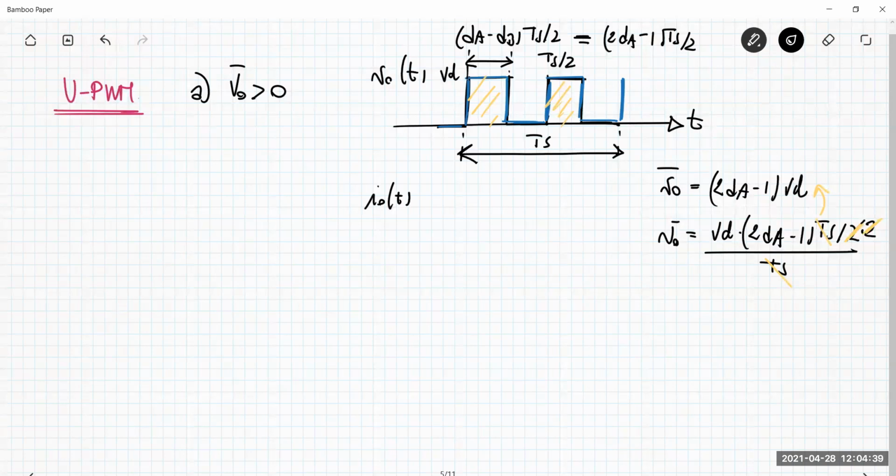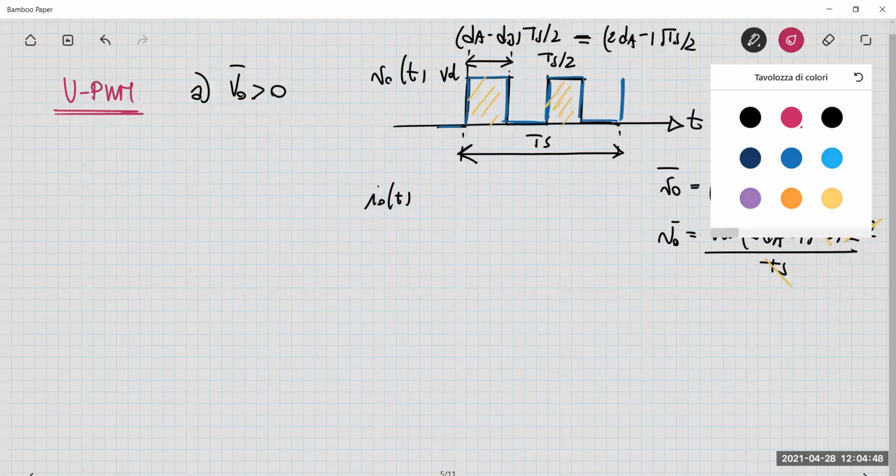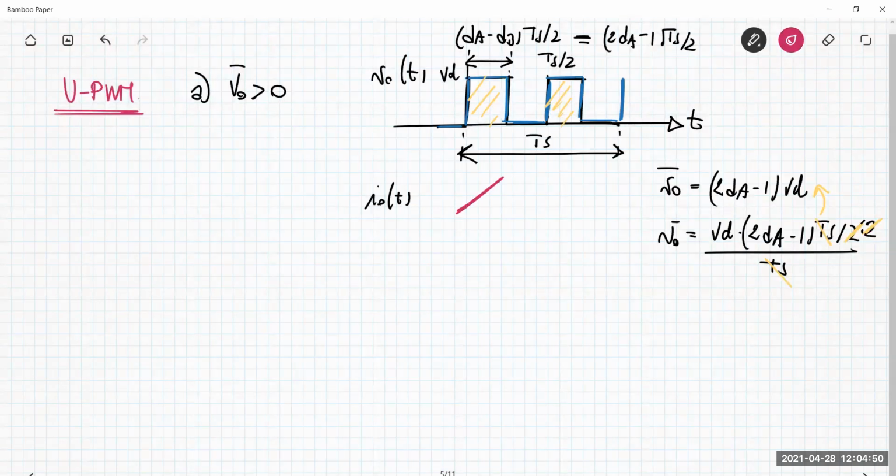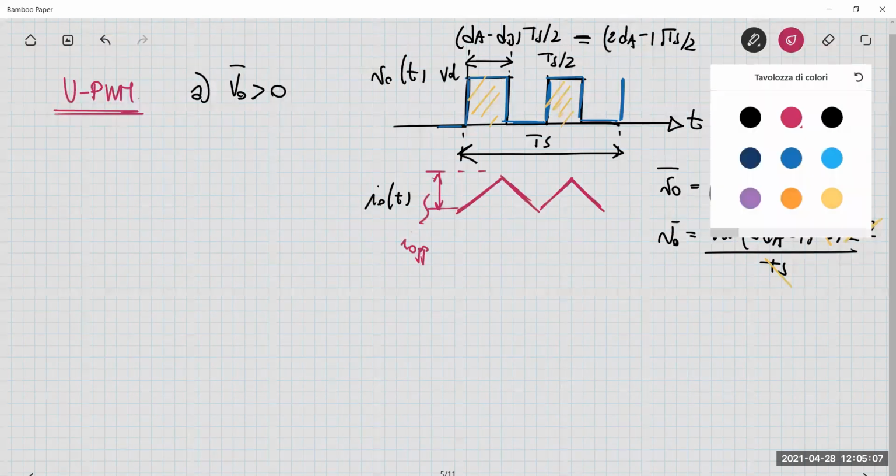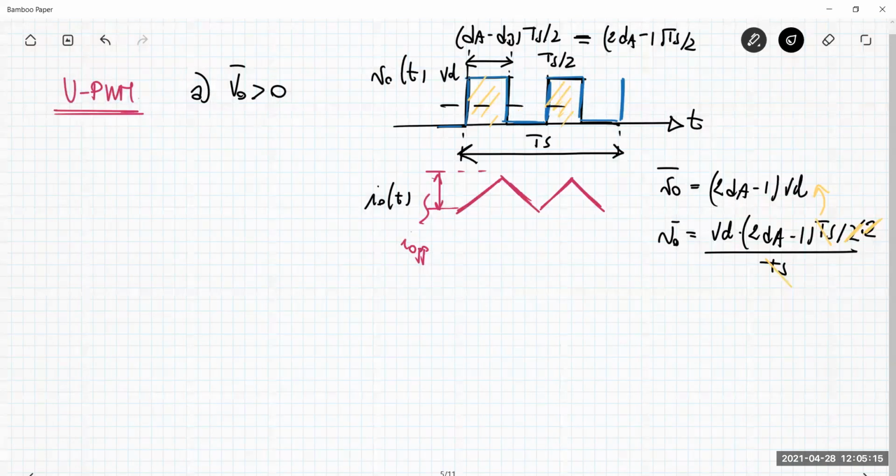This is the output current, and let's see just the ripple component, the alternating current component. It is something like this. It's rising up here and then goes down here. The peak-to-peak value is exactly what we are searching for, the ripple. So what is the ripple component? Then you have to consider the AC component of the voltage, which is the output voltage less the average value.